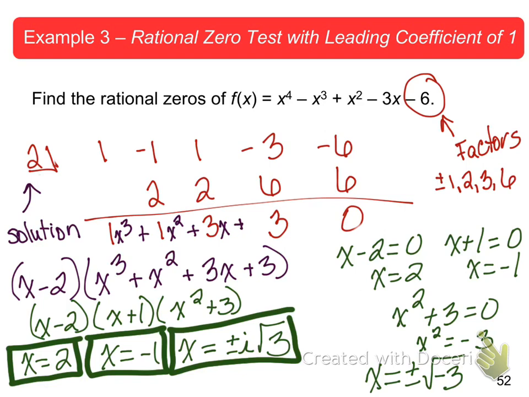If I have an even multiplicity, it touches the x-axis and changes direction. So that's another thing that you probably want to have a picture of as you're sketching graphs.